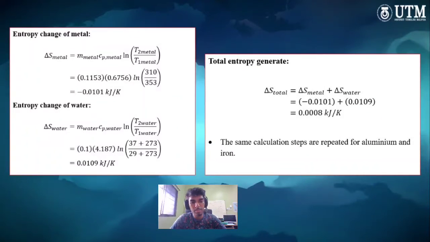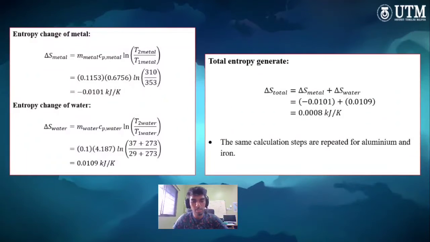And then after calculating entropy change of metal, we should also calculate the entropy change of water. So the entropy change of water is equals to the mass of water times the specific heat capacity of water, and times ln of the final temperature of water divided by the initial temperature of water. In this case, final temperature of water is 37 degrees Celsius, which is the equilibrium temperature, and the initial temperature of water is 29 degrees Celsius.